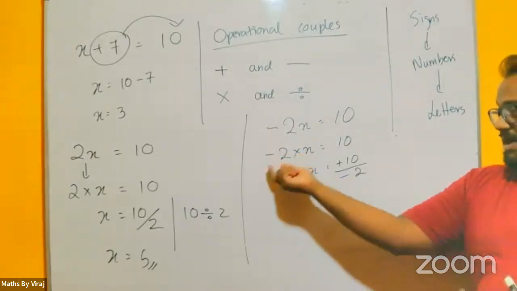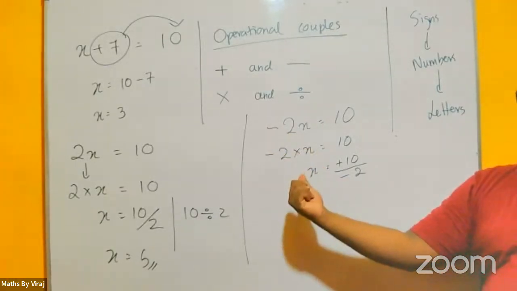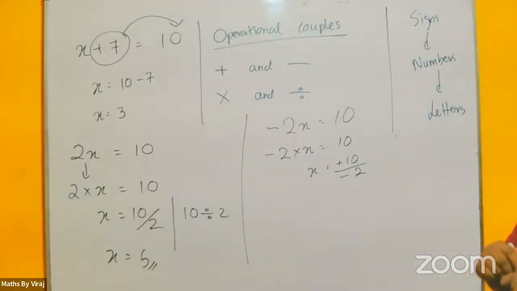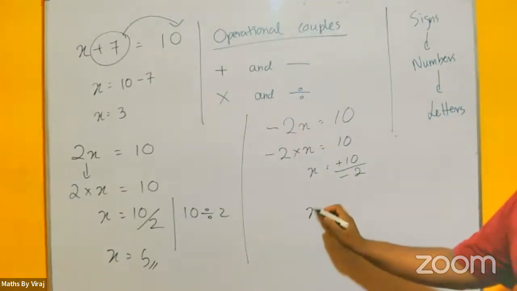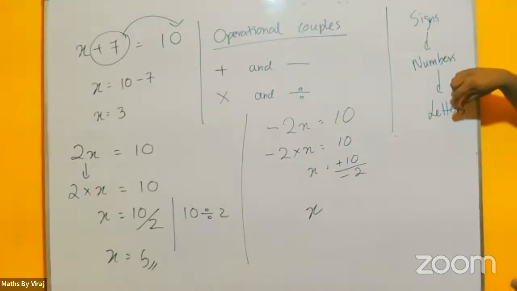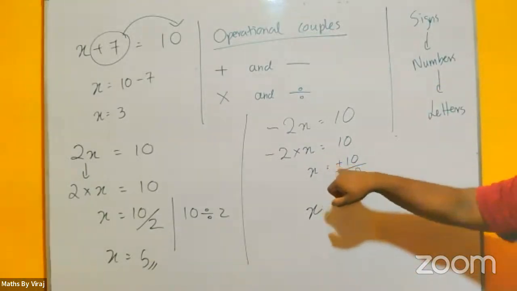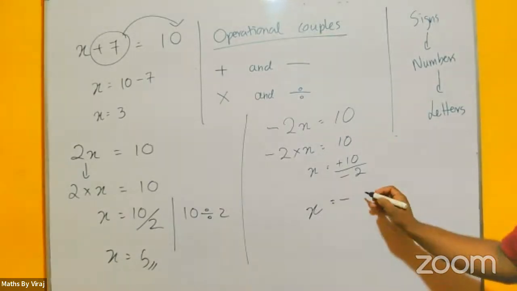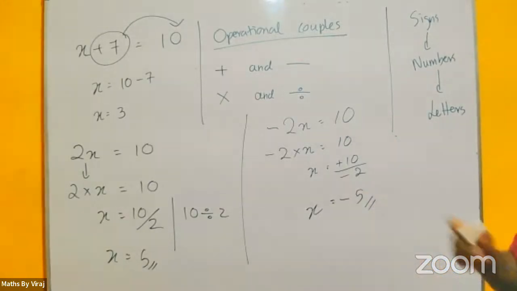Why? It is minus 2 that is multiplied by x. Therefore, this multiplication, when it goes to the other side, becomes division. As I have shown, we prioritize the signs, then the numbers, and then the letters. Plus divided by minus is minus. 10 divided by 2 is 5.